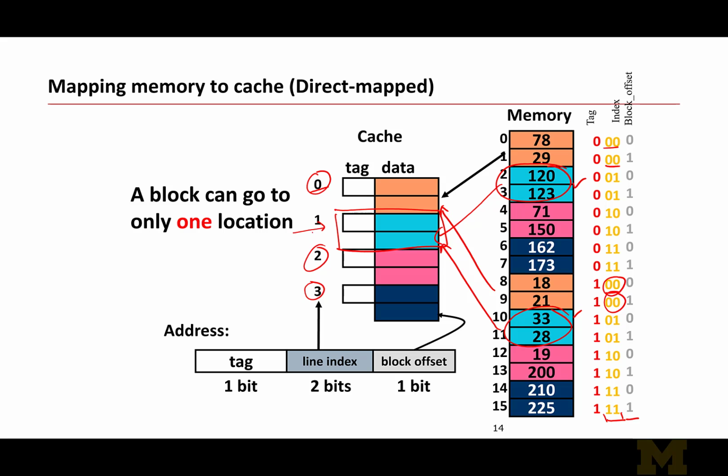So they may kick each other out as a program accesses them. And we're going to refer to the cache misses incurred because of such conflicts between each other as a special type of cache miss called conflict cache misses. So we're going to come back to this idea of a conflict cache miss later on and define them more precisely, but I want you to get a sense of what that is.